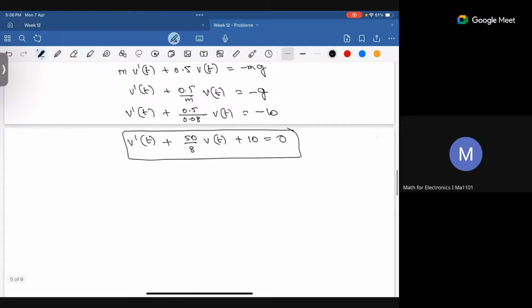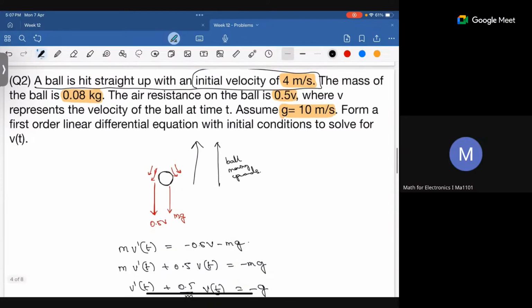So that means at time t equals 0, initially the time is 0, we have 4 meters per second velocity or the speed, which implies that v(0) is equal to 4. Okay, so this and this together is our first order linear ODE with initial conditions. So the first part is done.